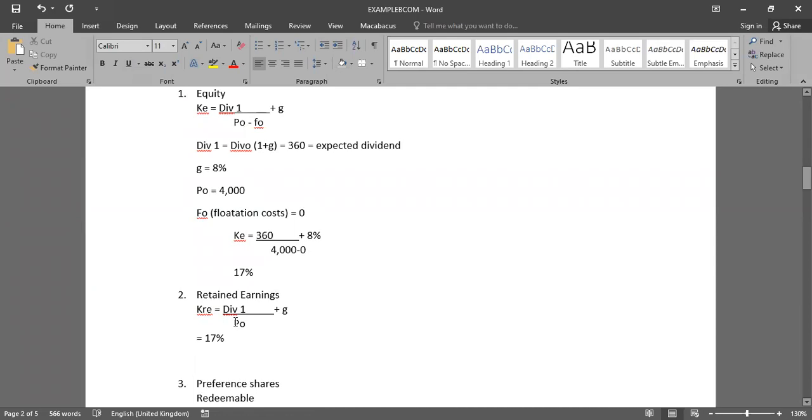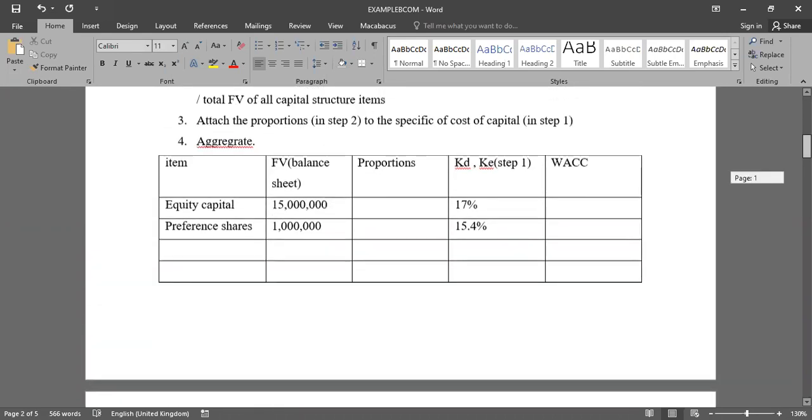But on a normal question, usually flotation costs are given so that there's a difference. You just substitute div1, which is 360, P0 as 4,000, and G as 8%, and you'd have the same answer. But in case equity had flotation costs, because you reduce P0, the resultant figure can't be the same. So that's the difference. Otherwise, it's the same as 17%.